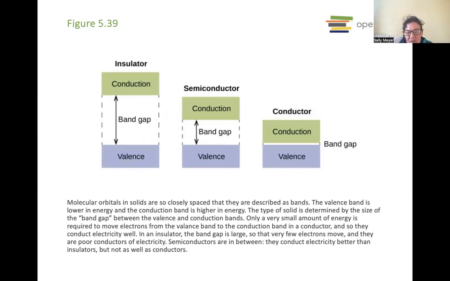And this just shows you that if the purple orbital is the highest occupied orbital, if it can jump up easily to a conducting orbital, one that's delocalized over the whole molecule, it's going to be a conductor. So on the far right, you have a conductor. In the middle, the gap, the white part in the middle, is the difference in energy. Slightly bigger, it's a semiconductor. And then if the gap is really big, it's an insulator.